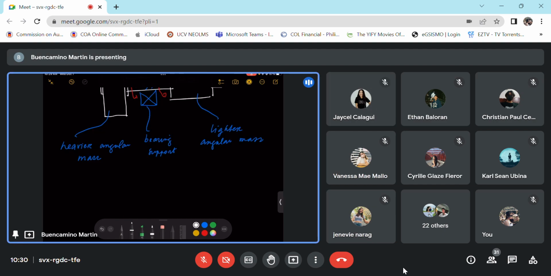Now, nag-install tayo for the reason, ano ba yung function ng flywheel? Because it has a larger moment of inertia, the heavier moment of inertia of the flywheel has the purpose to have a smooth, to smooth out rotational motion.